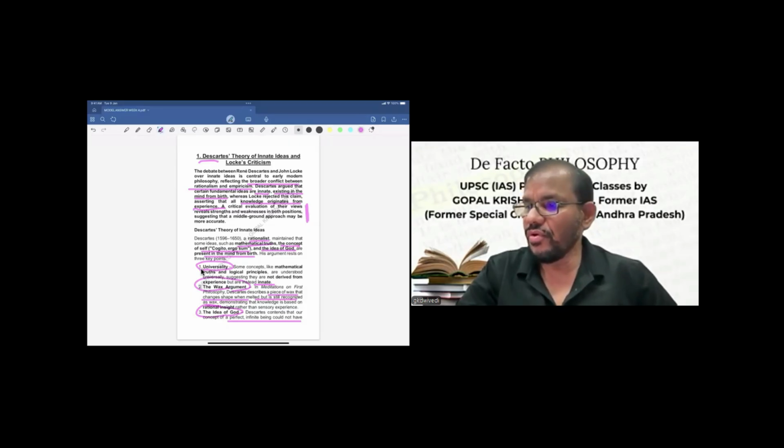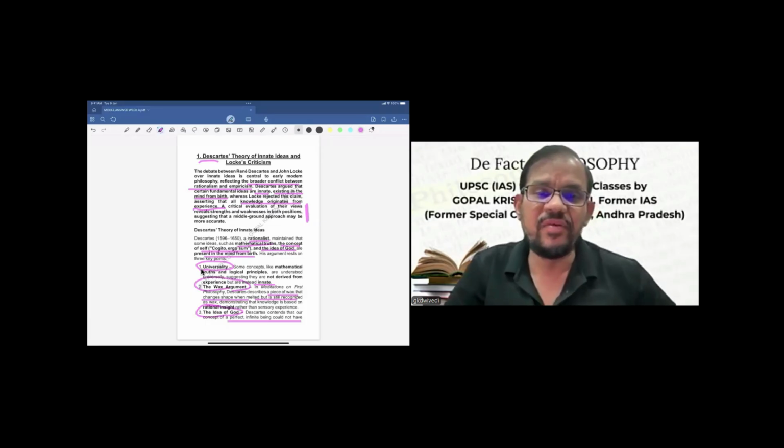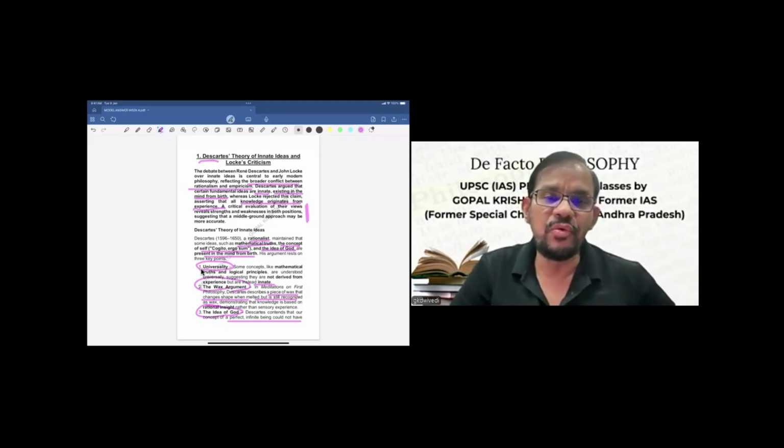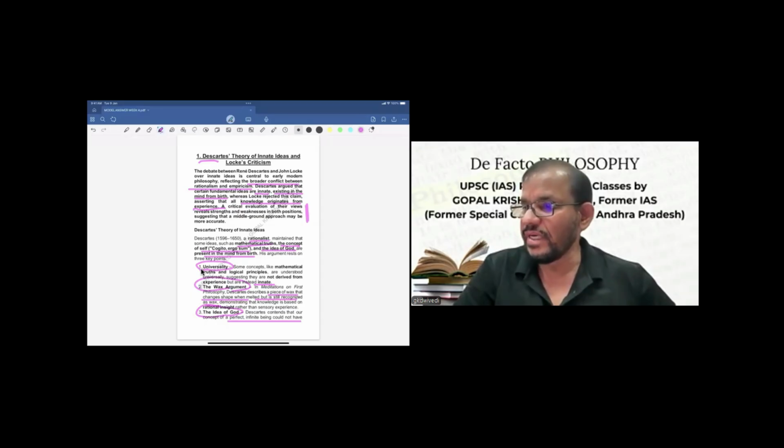So first we will understand what is Descartes' theory of innate ideas, and then we will see how Locke has criticized it, and then we will critically evaluate whose criticism or whose ideology is better to be accepted.